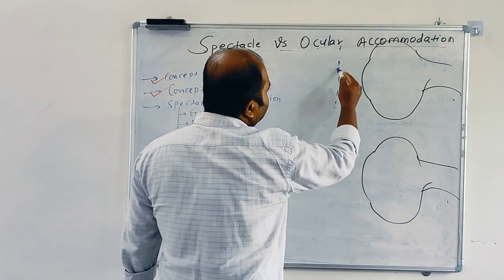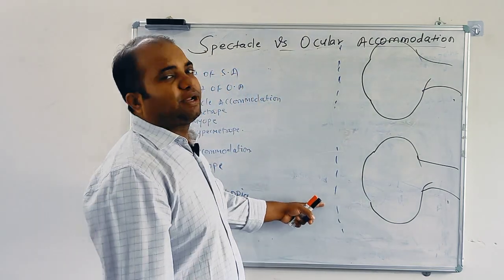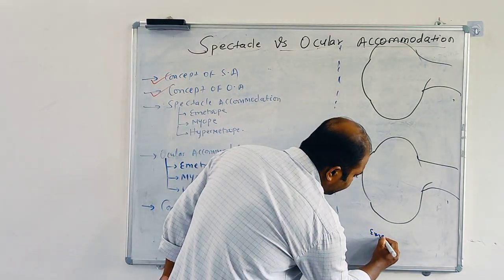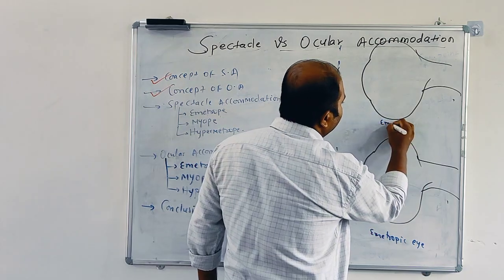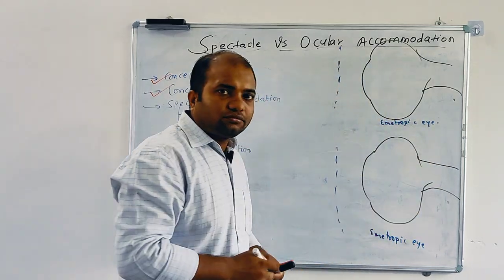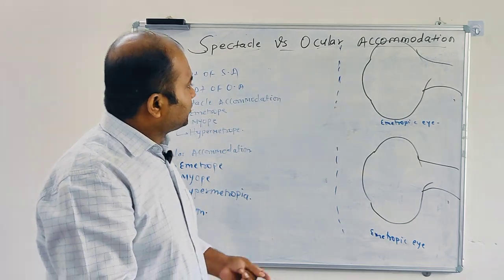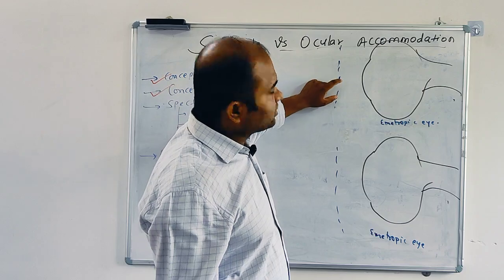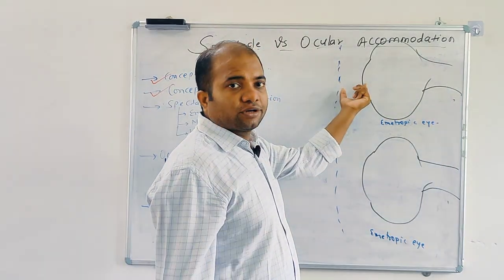This is the glass plane, and you can imagine they are wearing a plano glass, plano power, as it is an emmetropic eye. Or just imagine this is a spectacle plane which is 13 mm from the cornea.